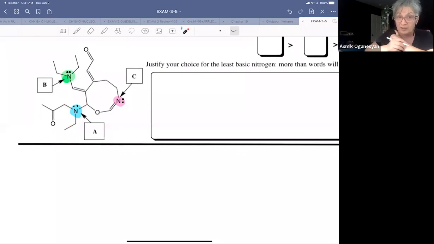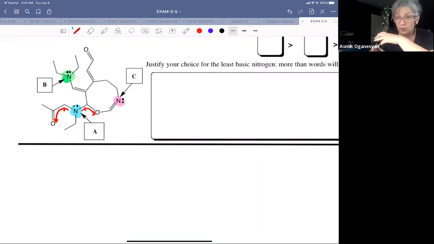What we have as a point of involvement is the inductive effect withdrawing electron density towards the carbonyl here, and towards oxygen here.